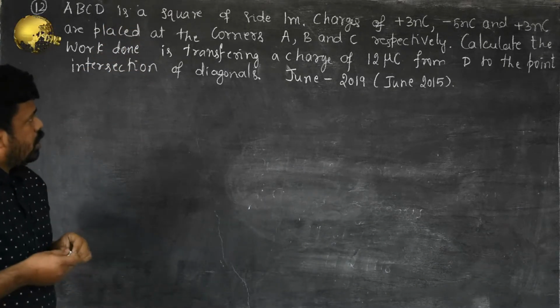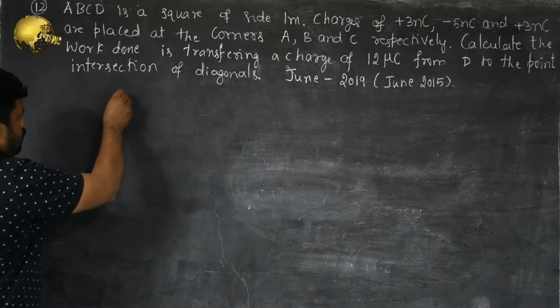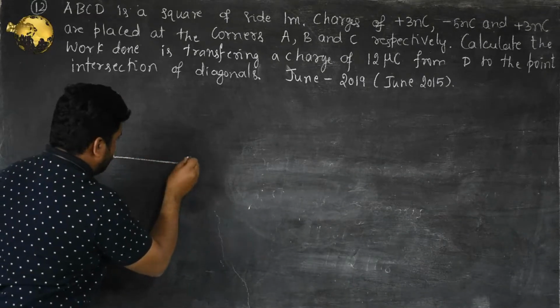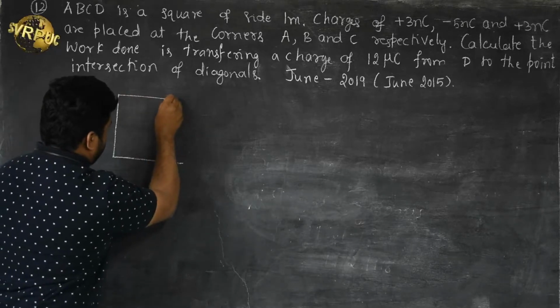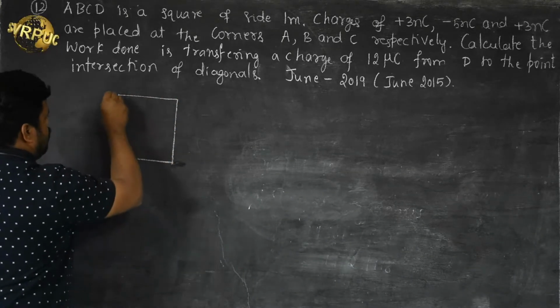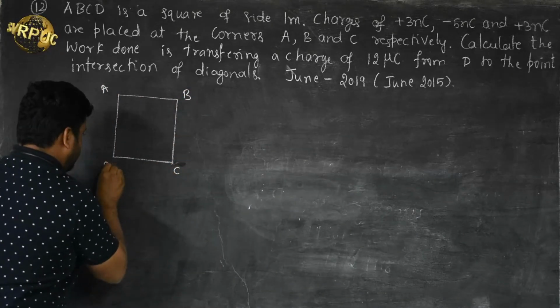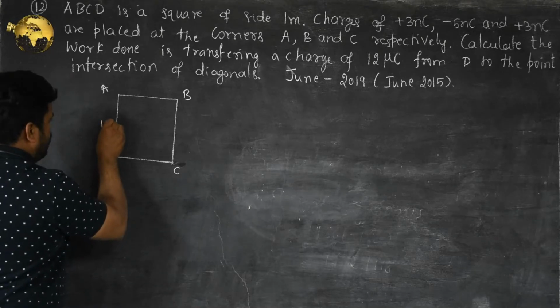ABCD is a square of side 1 meter. So let's take again a square A, B, C, D of side 1 meter.